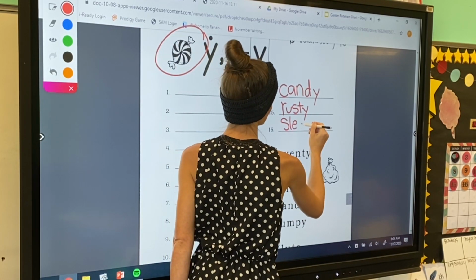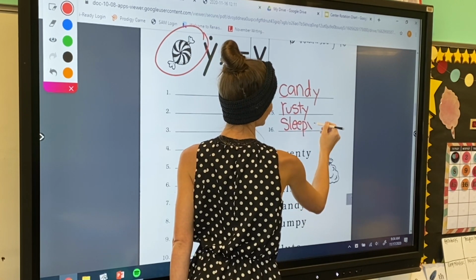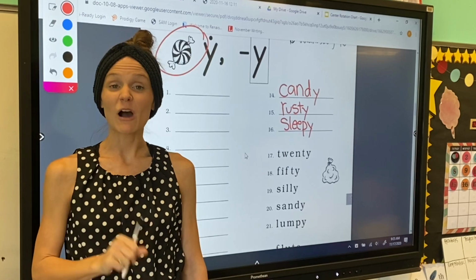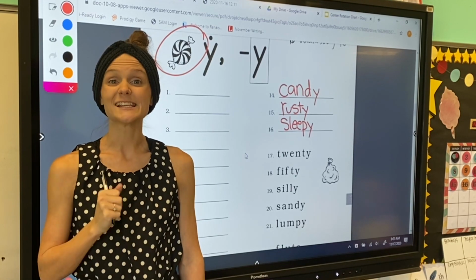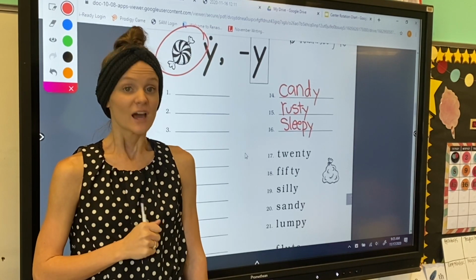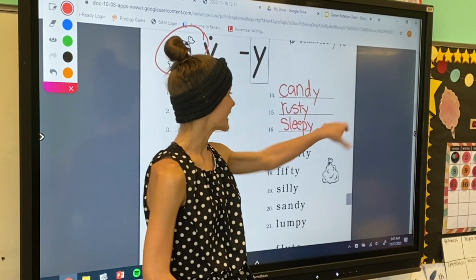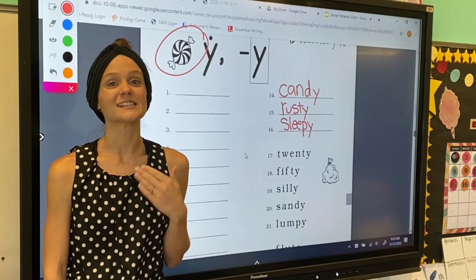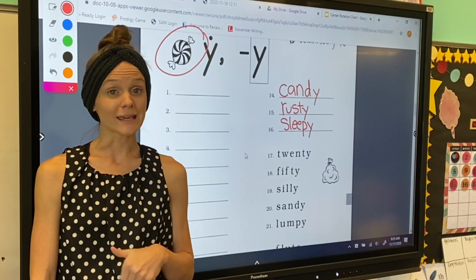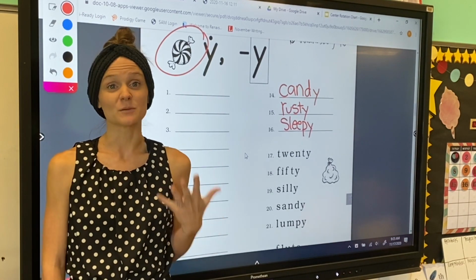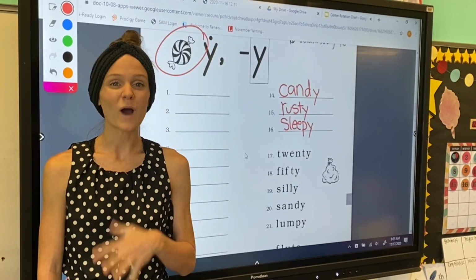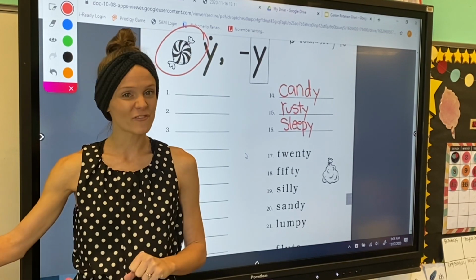Sleepy is one of those words we were talking about earlier where Y is acting as a suffix. Because if I remove Y, I'm left with the word sleep. Sleep has its own meaning, which means that Y does not have to be there to make that word. So in the word sleepy, Y is acting as a suffix.